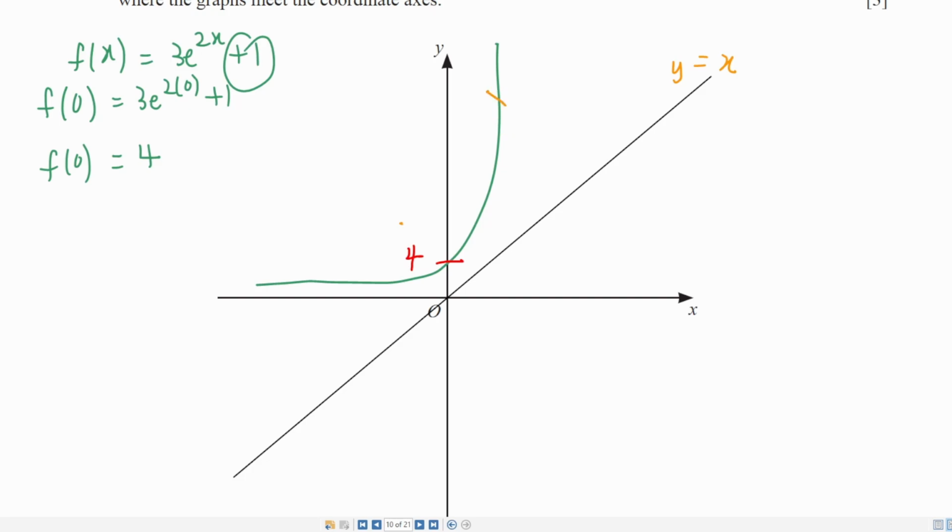Basically, pick any point you like, so we pick 2 points here, any 2 points on the graph, and we just have to draw a straight horizontal line to the line y is equal to x, and then once we hit it, we move it down. May not be perfect, but it's alright, it's just a sketch, right? So move it down until we reach the same point.